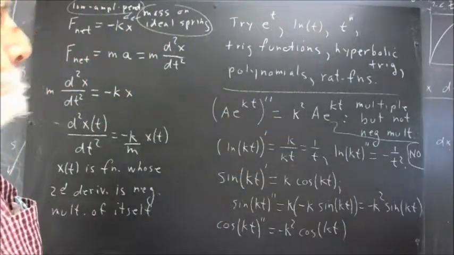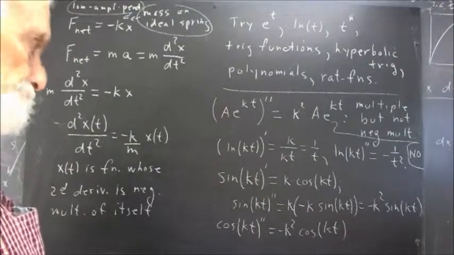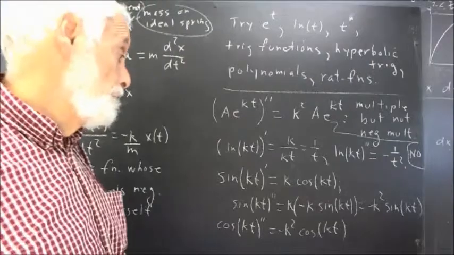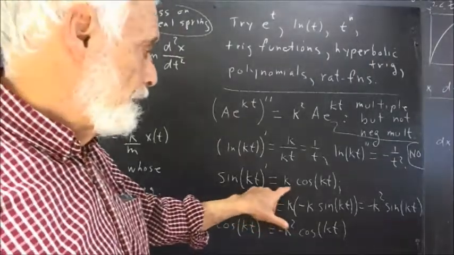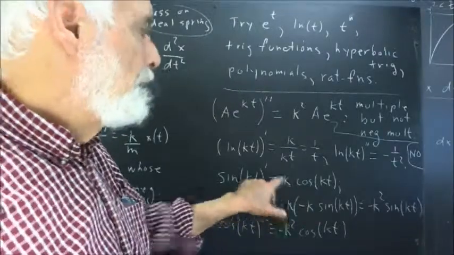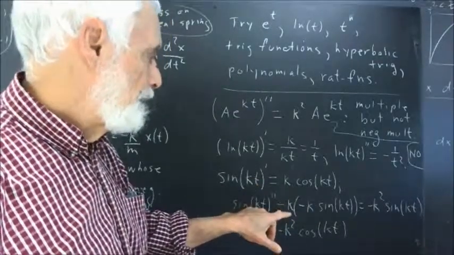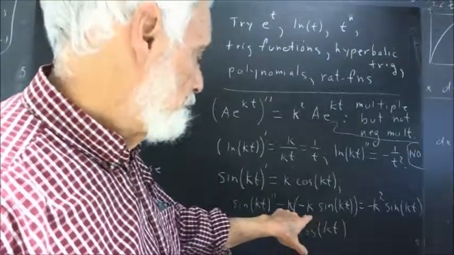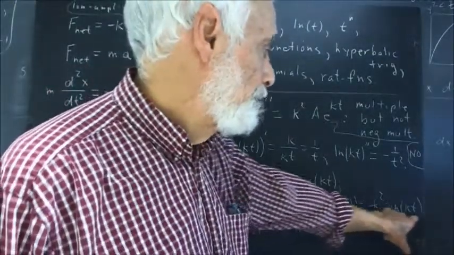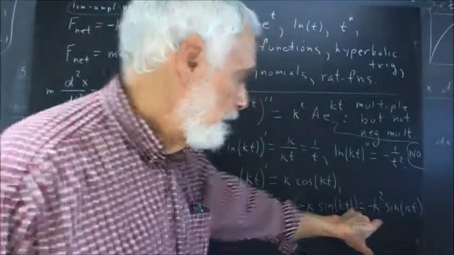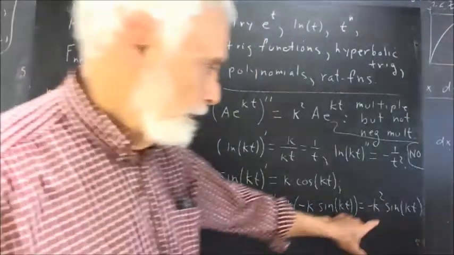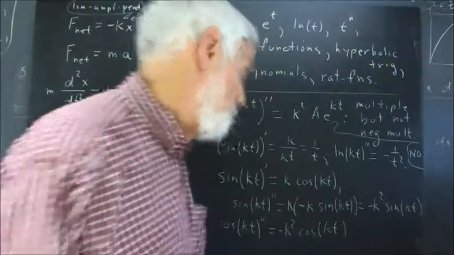Well, next thing suggested was sines or cosines, and we hit the jackpot there. The derivative of sine of kt is k cosine of kt. The derivative of that is k times the derivative of cosine of kt, which is negative k sine of kt. We get negative k squared sine of kt, and that is a negative multiple of the sine of kt, provided k is a real number.